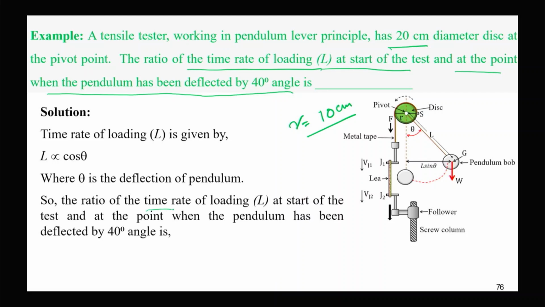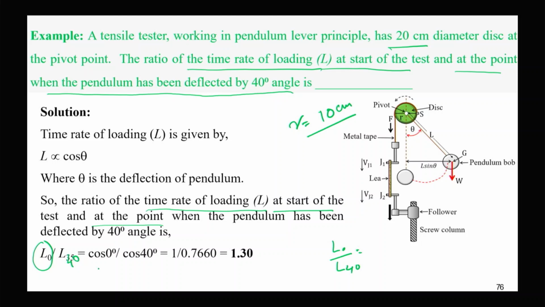The ratio of time rate of loading at start and at the point of 40 degree angle of deflection will be, so at the start when the deflection is 0 and this will be 40 degree, L 0 degree by L 40 degree, so it will be cos 0 by cos 40 degree, so it will become 1.3.